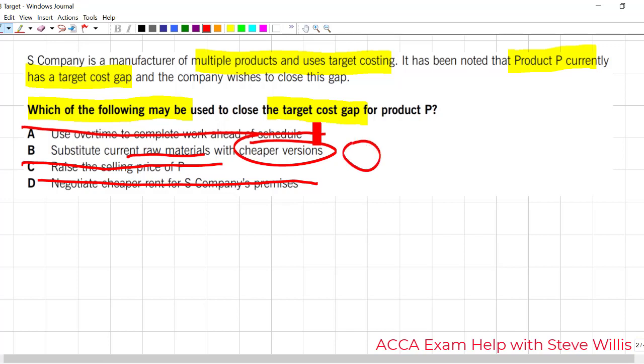Guys, a lot of people get that wrong because they see the word cheaper. Cheaper also implies lower quality, and the books say we can't use lower quality because the price is set to the values, what is valued by our customer. You are 100% right, but cheaper is also linked just to less expensive.